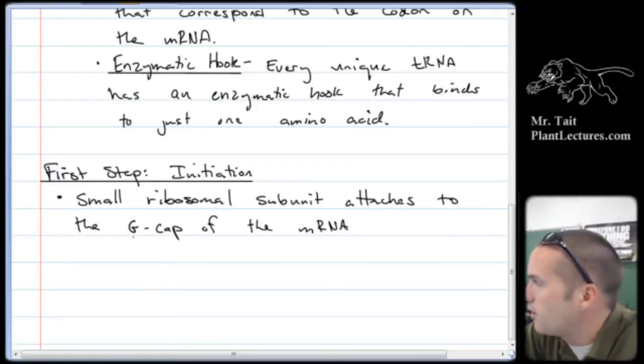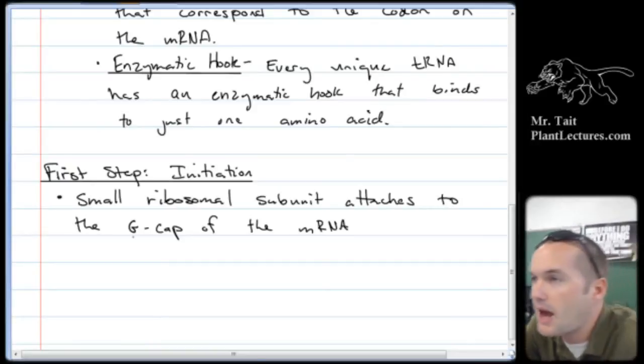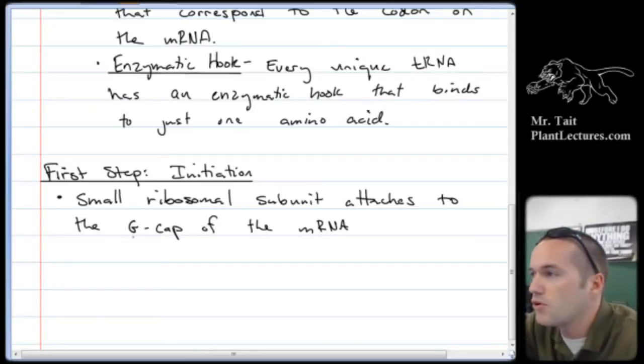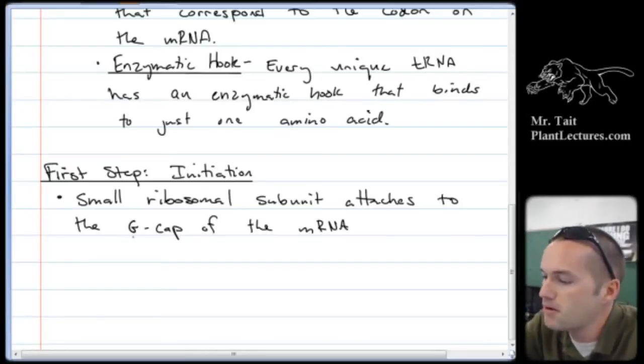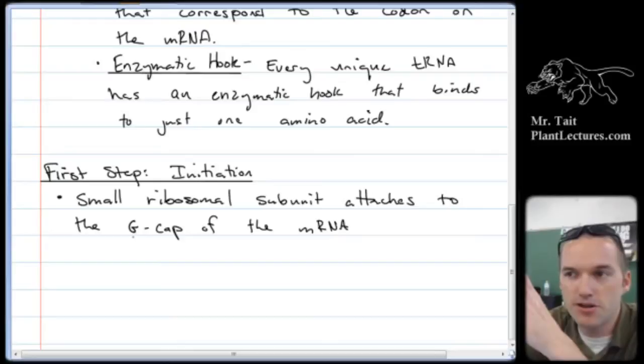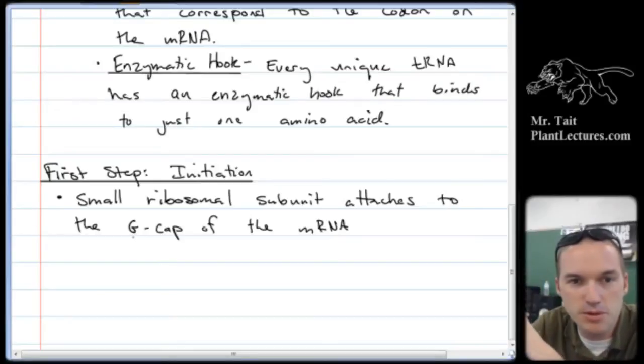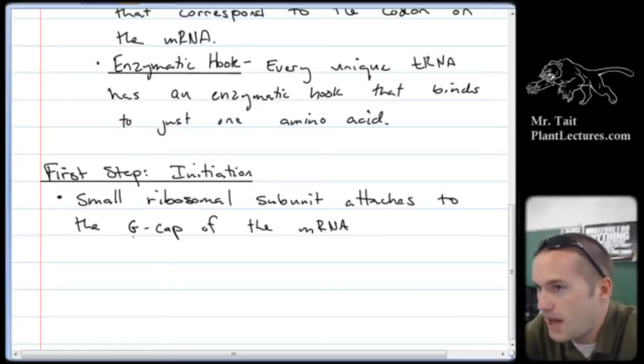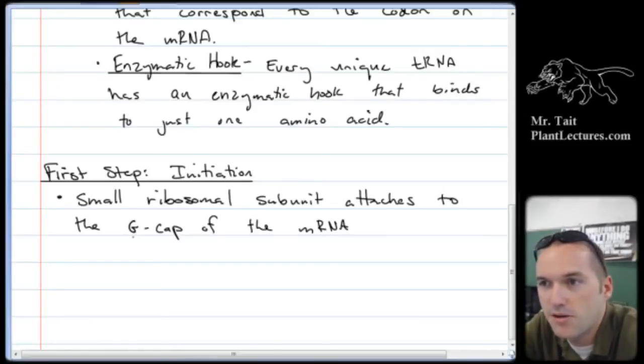It can be a small piece of RNA, maybe only 10 nucleotides long, that will complementary base pair onto the G cap of certain mRNA. Because it's base paired onto the G cap, it doesn't allow the ribosome to attach to it. And if the ribosome can't attach, then it doesn't get made into a protein. So it can inhibit the creation of a protein just by having a couple of nucleotides bonded together.